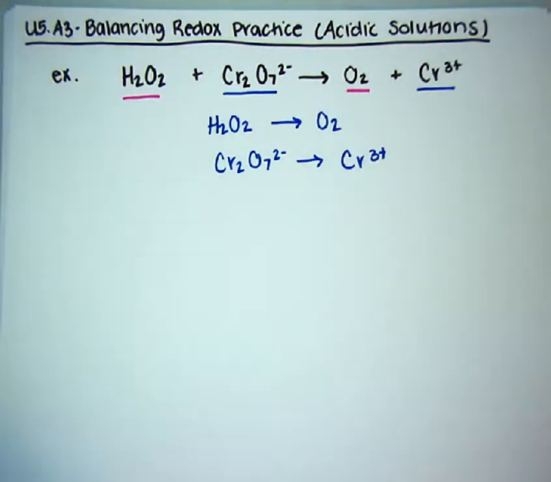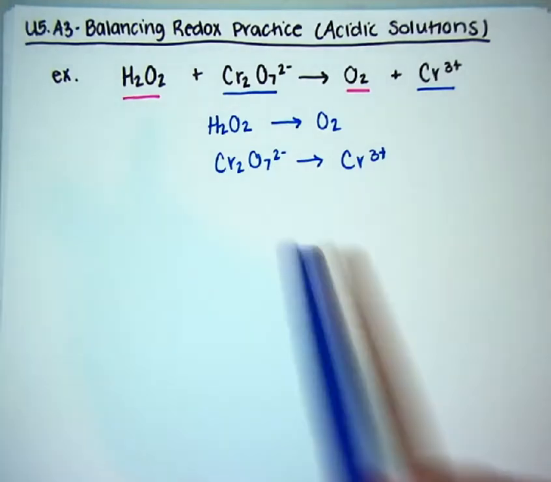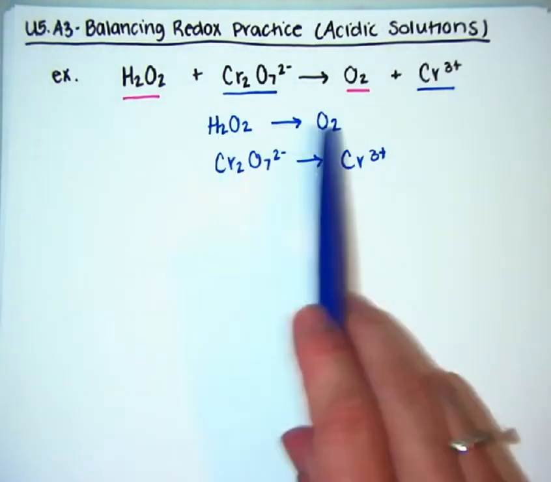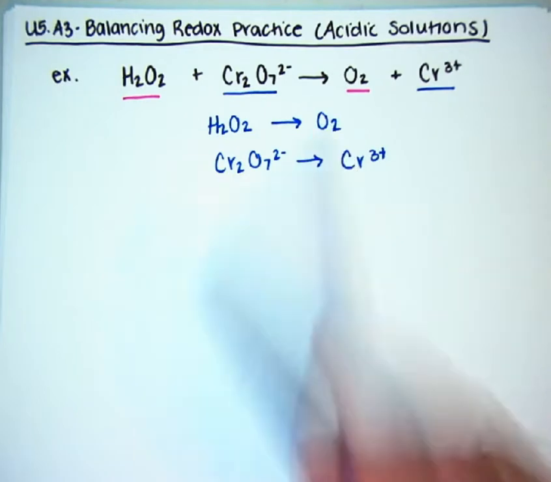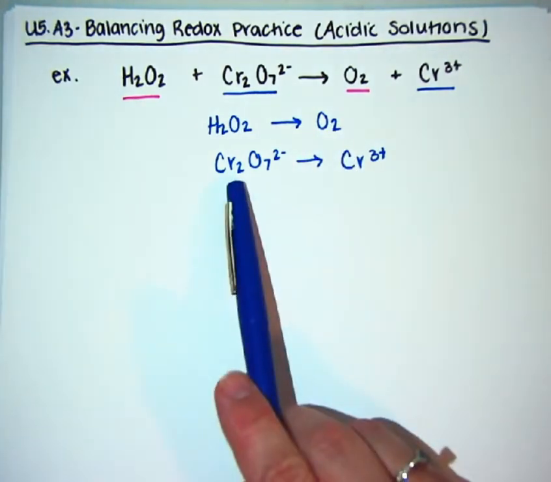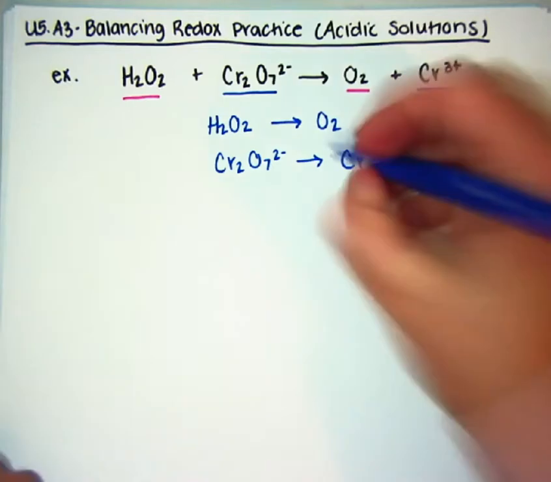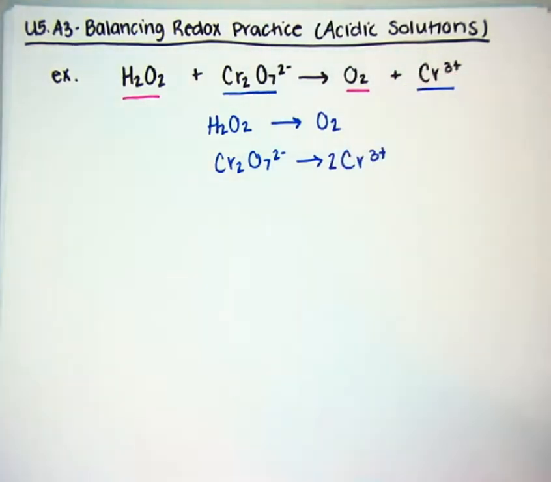Step 2. Balance elements other than hydrogen and oxygen. Well, here I only have hydrogen and oxygen, so we have nothing to do for step 2. In my second reaction, I have 2 chromiums, so let's add a 2 here.